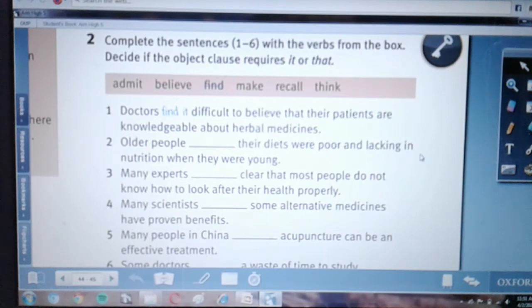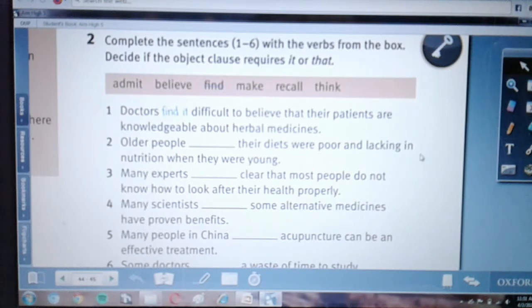Now, let's try to put that in the sentence. Older people recall that their diets were poor and lacking in nutrition when they were young. Which one sounds better? The one that used it or the one that used that? I'll give you 5 seconds to think. 1, 2, 3, 4, 5.